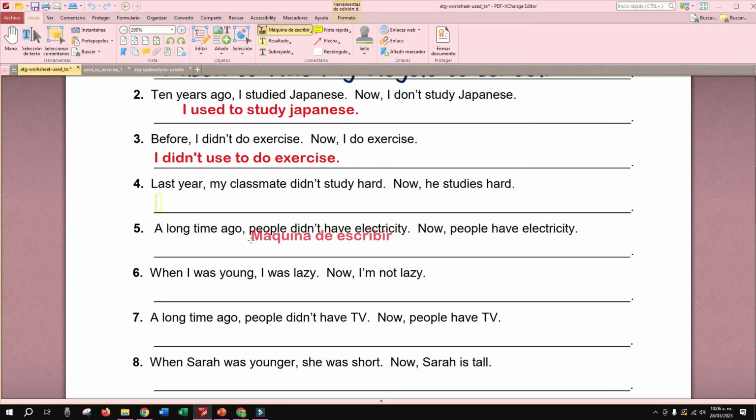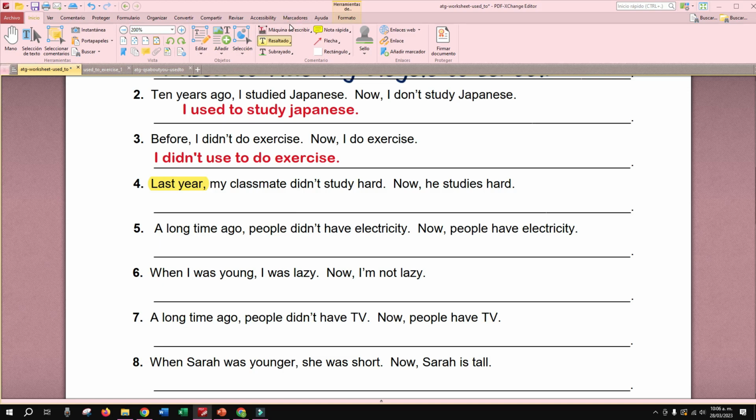Last year, my classmate didn't. Do we need last year, Diana? Do we need that one? Last year? Or no? No, right? Because if we say last year, that is simple past.